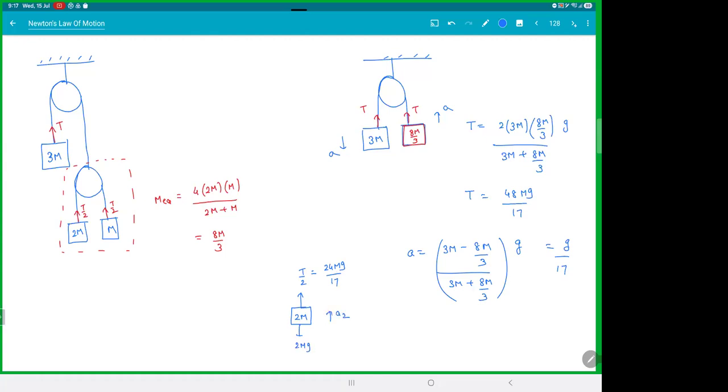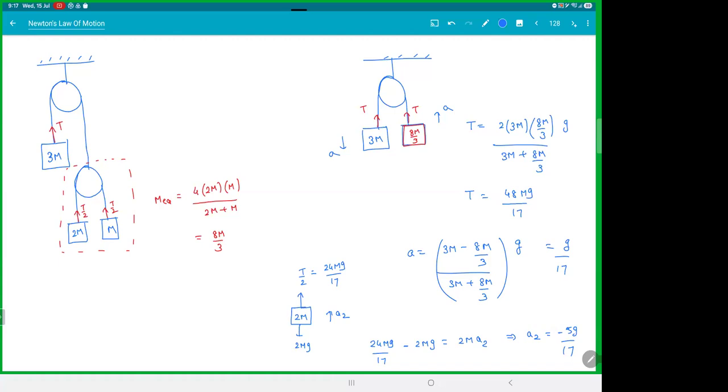So once you know the tension, you can draw the FBD for each block and you can finish it off. 24 mg by 17 minus 2 mg is equal to 2 m a2. That's minus 5g by 17. Got it? So that is how we find the acceleration for other blocks.